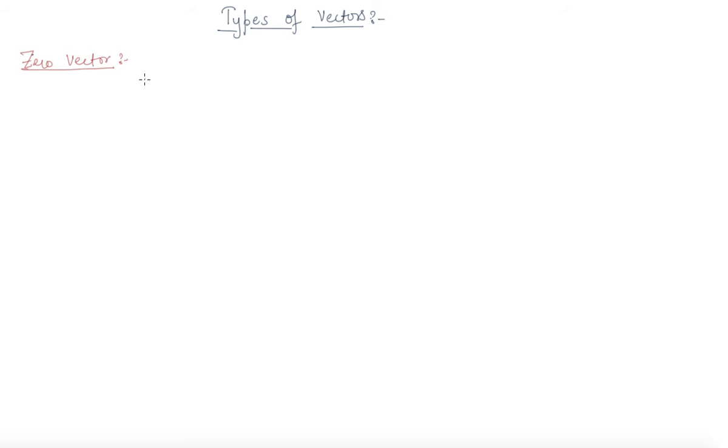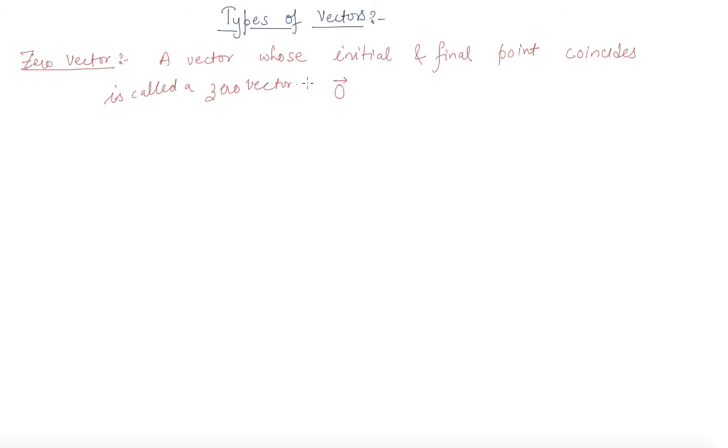A vector whose initial and final point coincide is called a zero vector, and it is denoted by 0. A zero vector cannot be assigned a definite direction, and it has zero magnitude. So this is all about the zero vector.